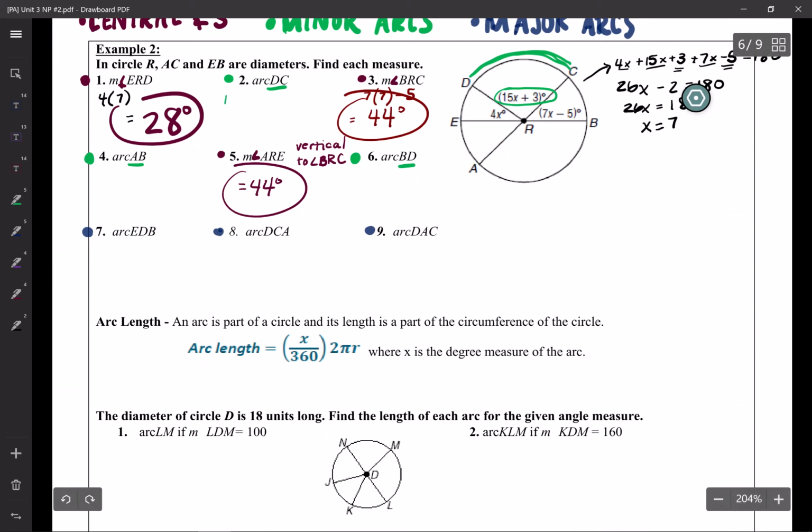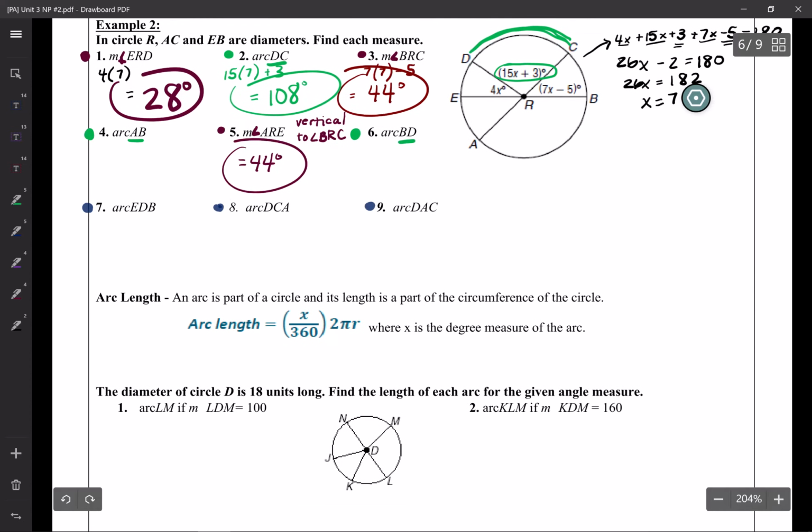So that's just 15 times 7 plus 3. If I double check my math on that, 15 times 7 is going to be 105 plus 3 gives me 108. So arc DC is equal to 108. Okay, and if you notice, the measurements are actually in degrees as well.